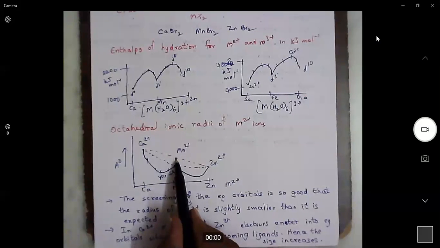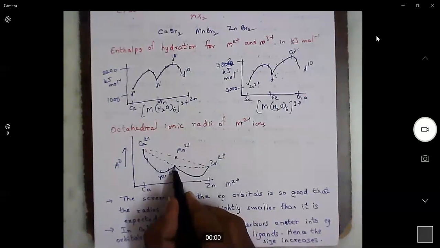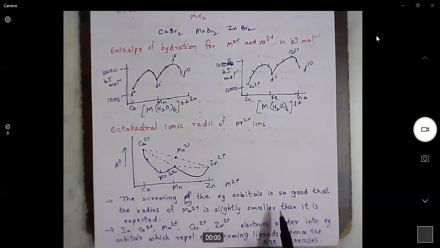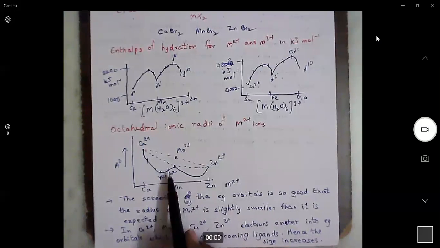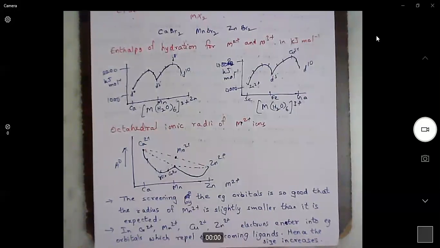If it is at this point, then it is as expected. But actually it is here. That means size is less than expected. The reason is that eg orbitals are better at screening. Because of the eg orbital screening, we observe smaller size for manganese 2 plus than expected.